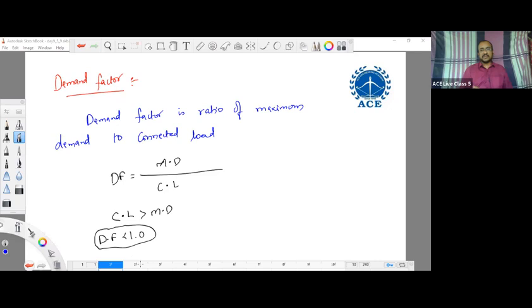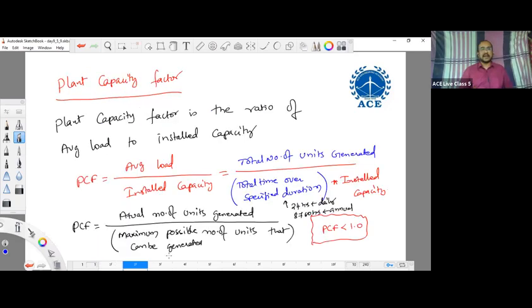Next, plant capacity factor is the ratio of average load to installed capacity, or the actual number of units generated by the maximum possible number of units that can be generated. It will be less than 1 because the unit will not run for the entire duration.